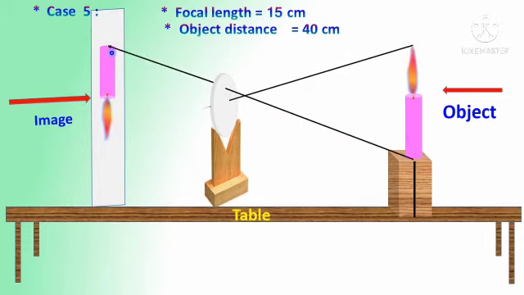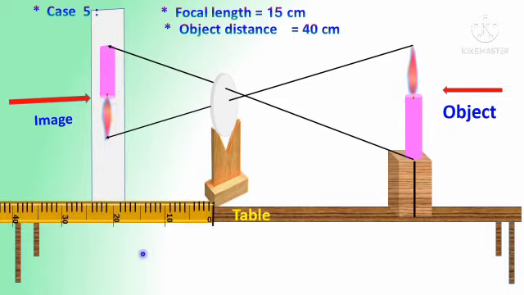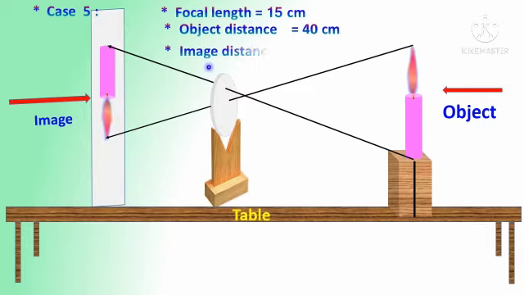Next, all points meet at a point, that is the converging point. Then we can find the image distance, 0 to 24. Object distance is 40 centimeters. Image distance is 24 centimeters.